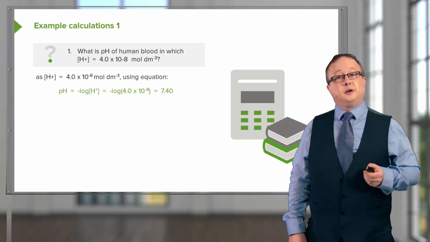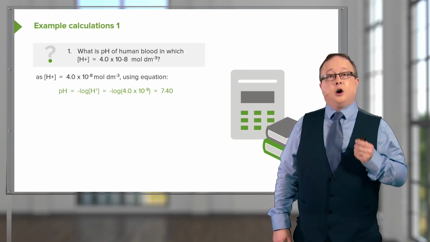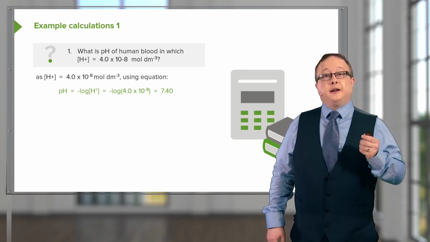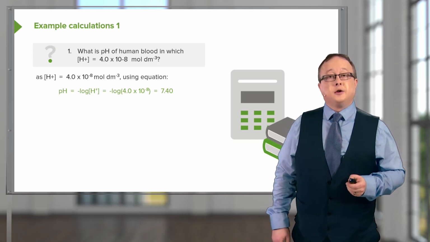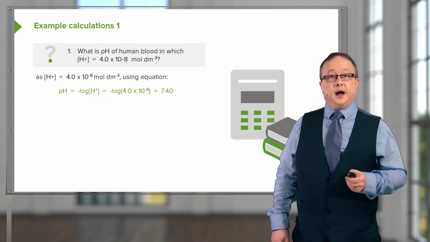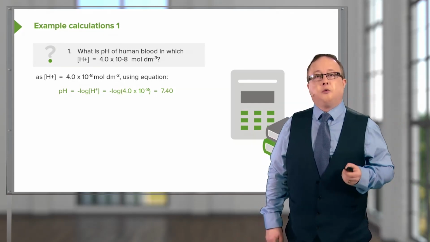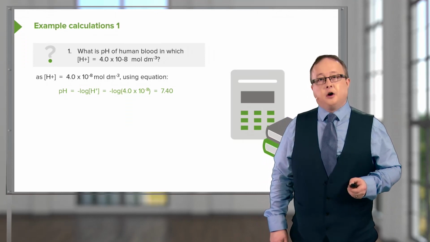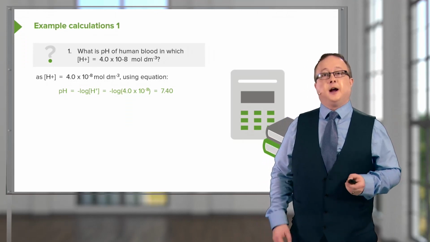All we need to do is carry out the minus log to the base 10 operation on that concentration. And this gives us a result of 7.40. That is the pH. Bear in mind that because we're talking about a logarithmic operation, there are no units. So if you hear the words pH, it is merely a number.